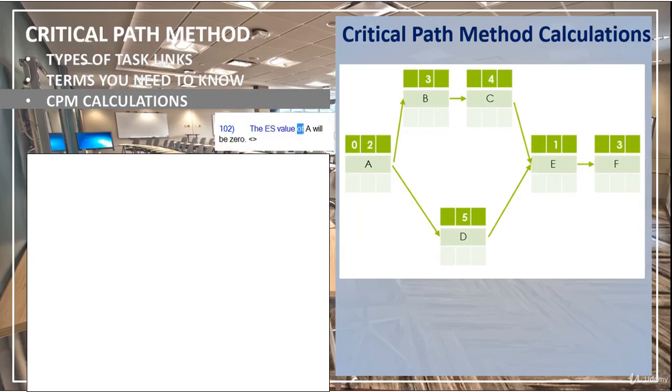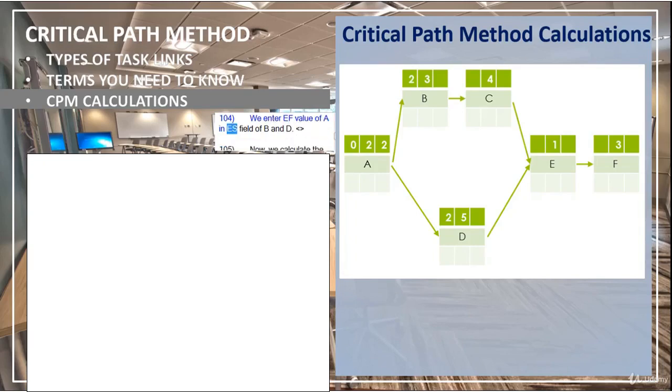The ES value of A will be 0. Then, we calculate the EF value by adding the duration of A. 0 plus 2 will be equal to 2. So, EF value of A is calculated to be 2.